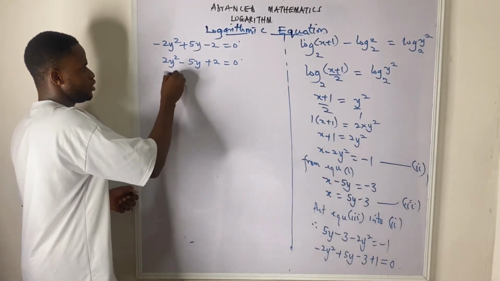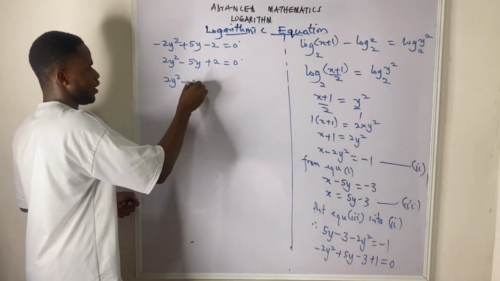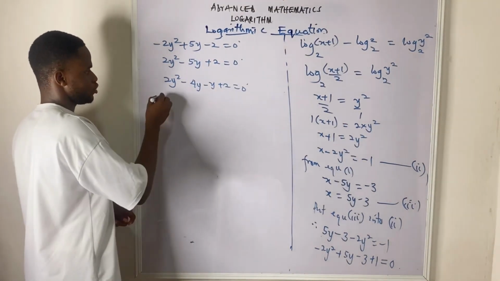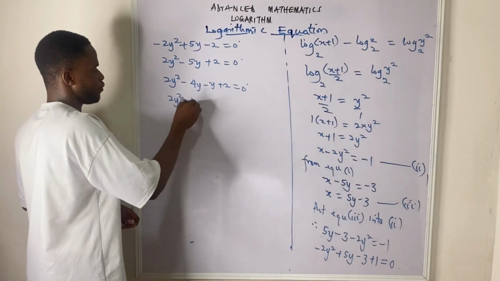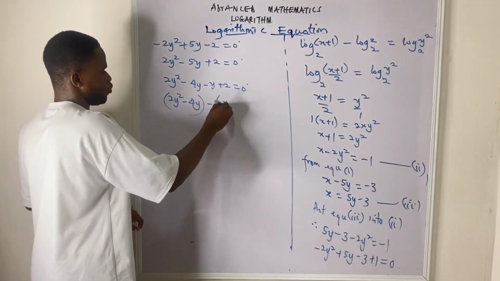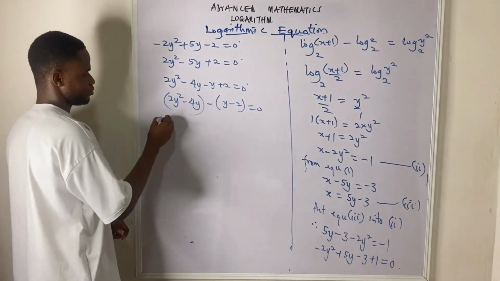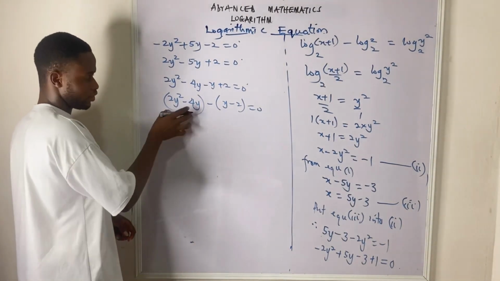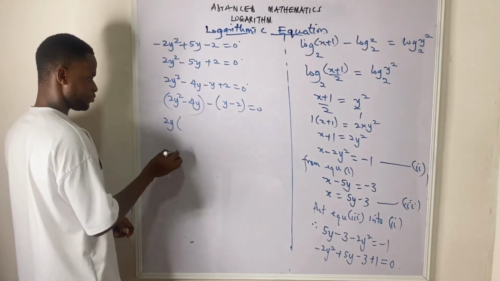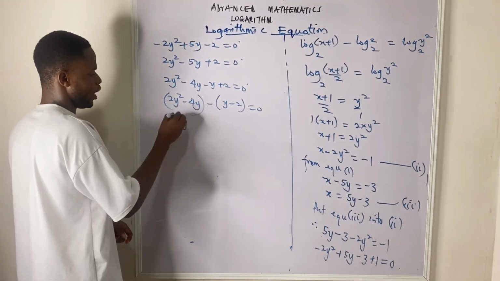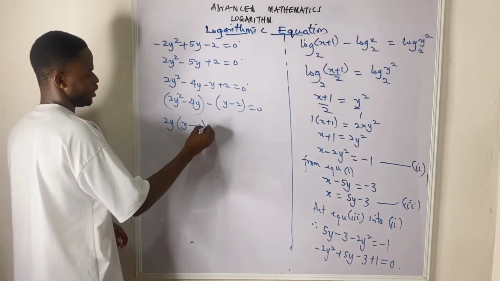So put in the two factors. That will be 2y squared minus 4y then minus y plus 2. And factorize by grouping. So that will be 2y squared minus 4y then minus into y minus 2 equals 0. This negative is affected, don't forget. So let's group. 2y is common. Let's factorize. 2y is common, and what will be left here now? y minus 2.